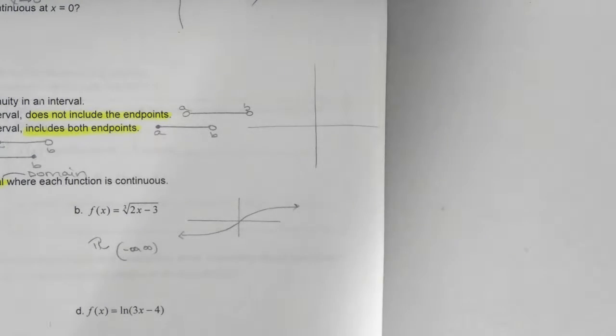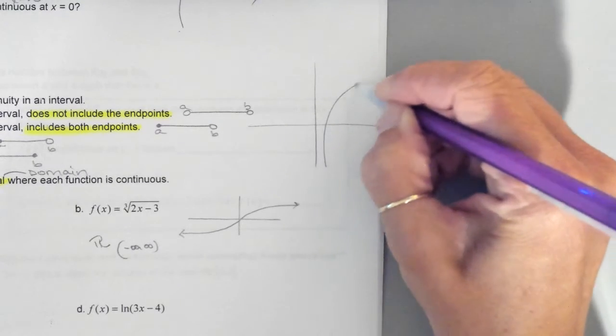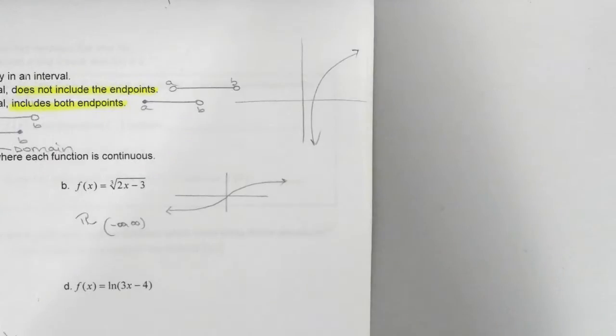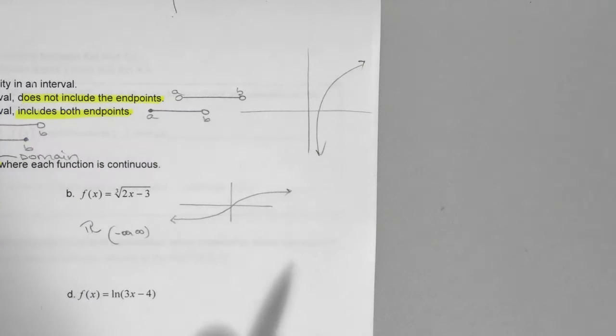Well, it goes like this, because remember, it is the inverse of e to the x. Okay, what's at 0? A vertical asymptote.